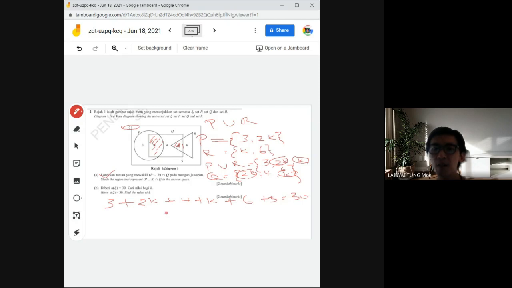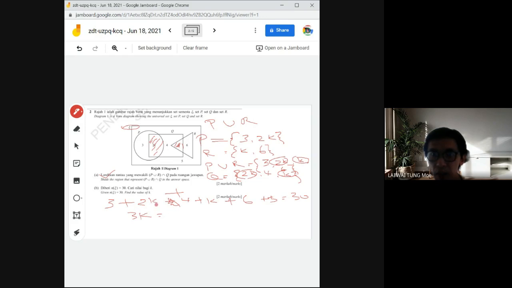And then just find out the value of K. Oh, sorry, this is plus. So what is the answer for K? You just move the numbers all over to the right hand side. So here 2K plus K equals to 3K.